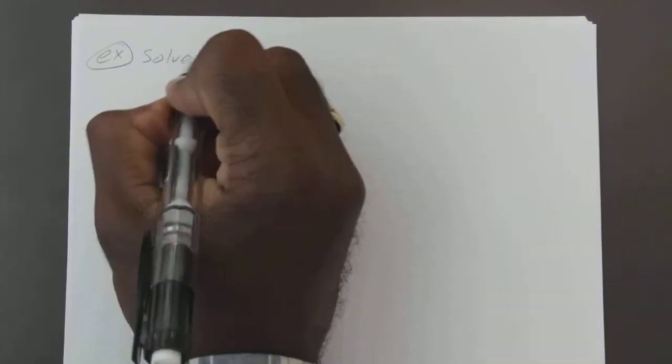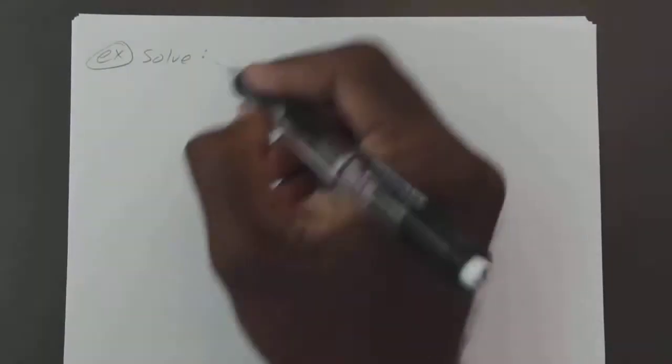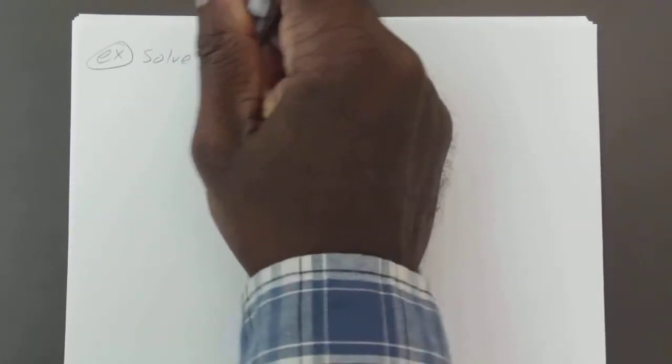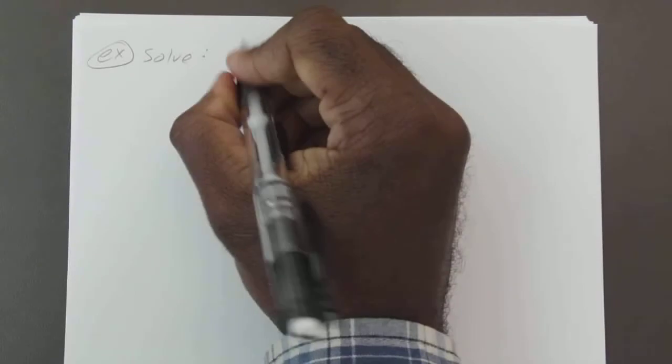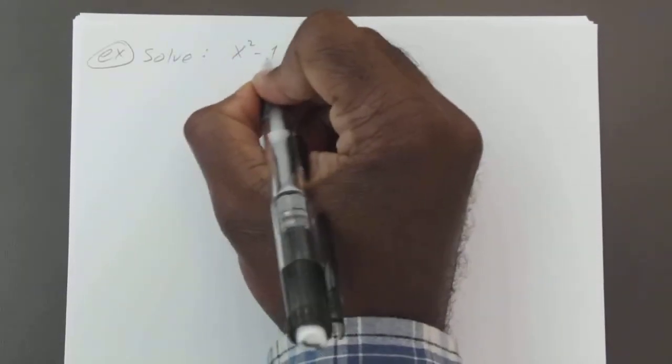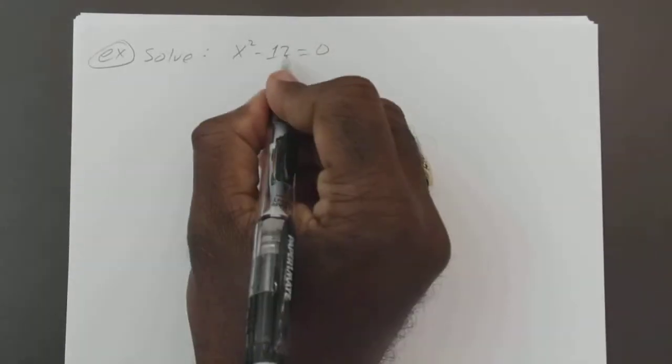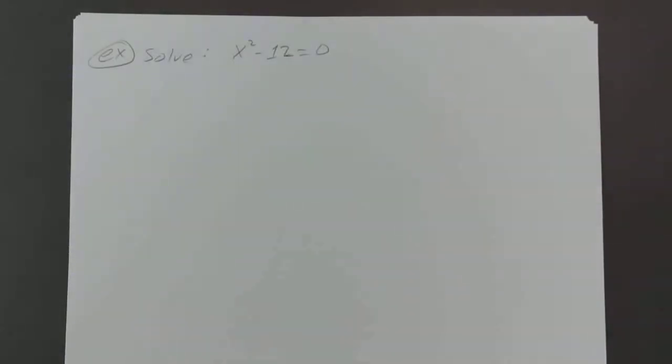Okay, so let's say, here we go, for example, if we wanted to solve x squared minus 12 equals 0. Make that a little bit neater.